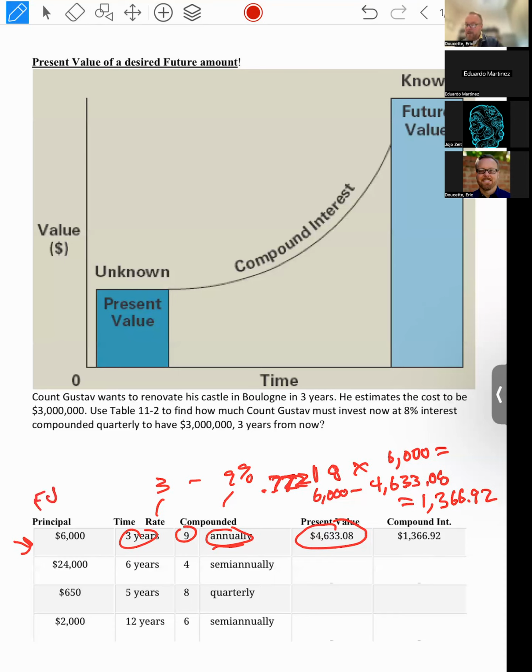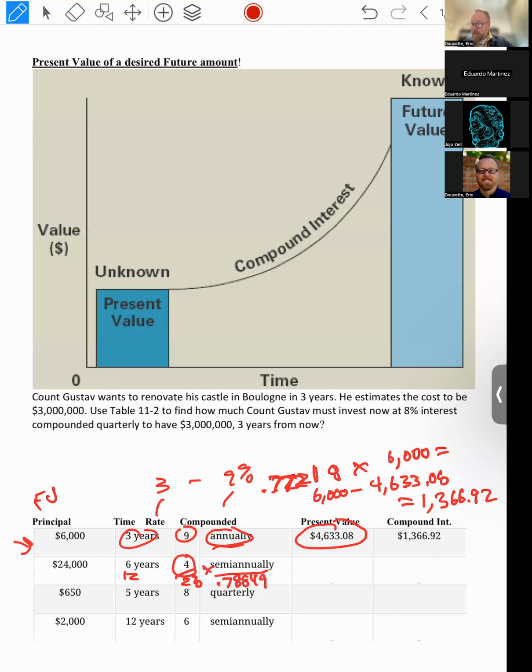All right, same thing here. 6 years at 4% compounded semi-annually. That's 2 times a year, so that means 12 times, and then that would be 2% each time. So 12 and 2 would be a table factor of one we already saw, 0.78849.